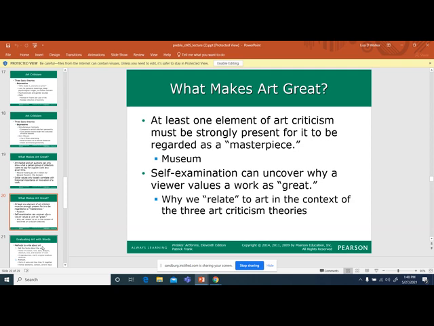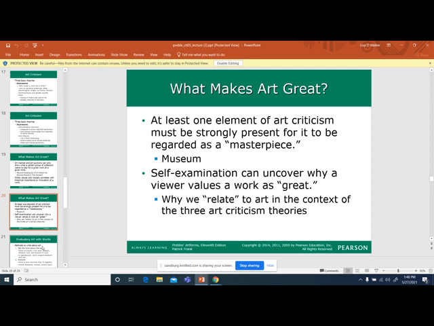If something's going to be termed a masterpiece, there are things that have to be present. Maybe it's in a museum. Maybe it's just that certain people think it is great.